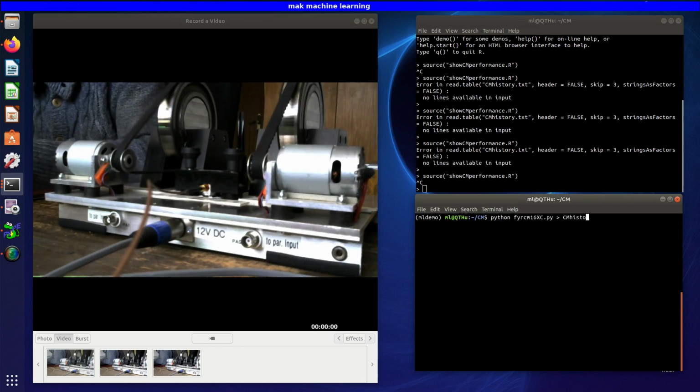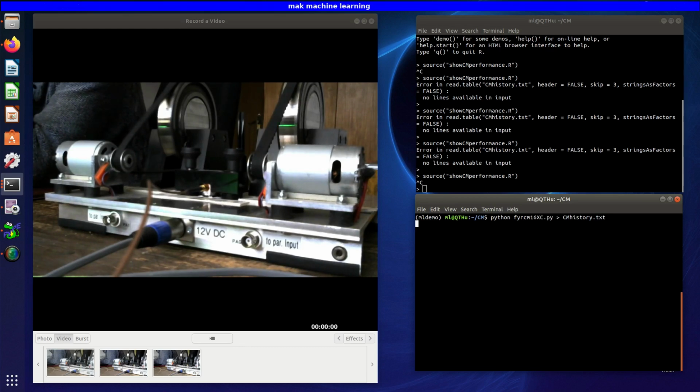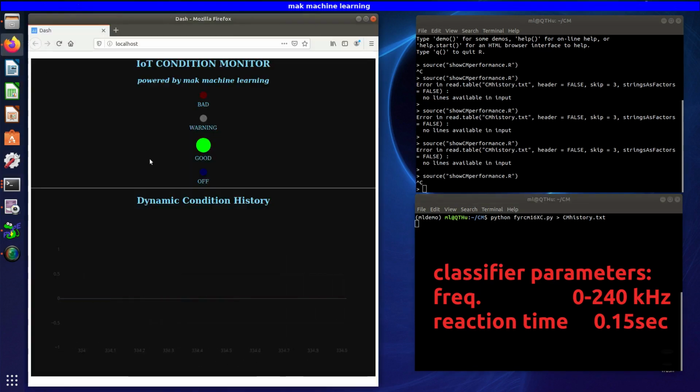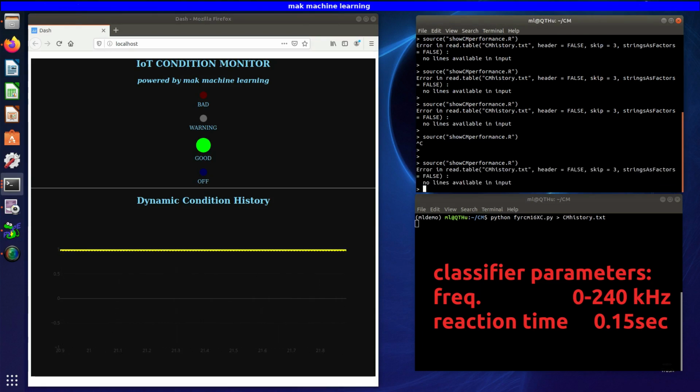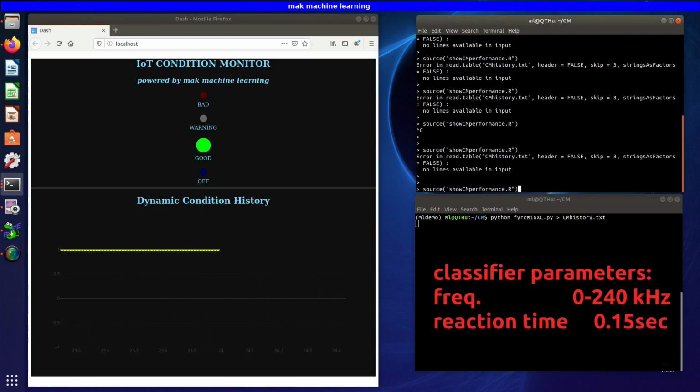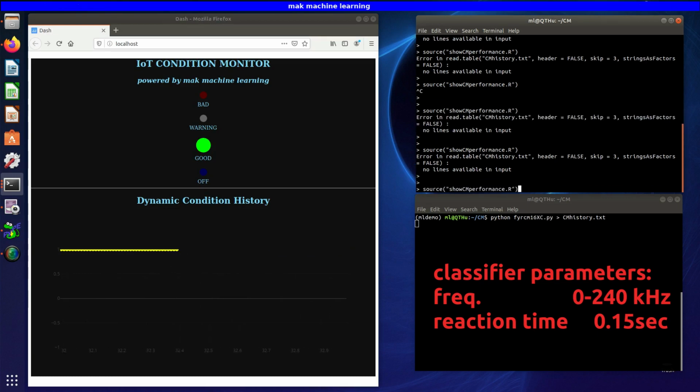Starting the condition monitor. Starting the performance monitor, which is available after some time delay.